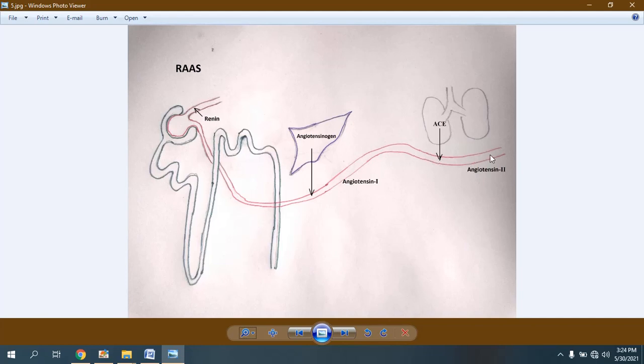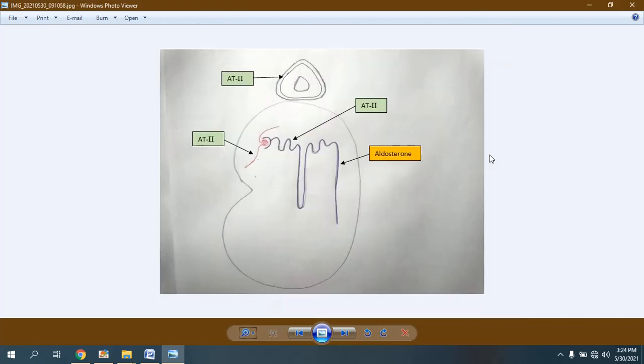That angiotensin 2 is transferred to each and every tissue of the body, but where are the receptors of angiotensin 2 present? They are present in large amounts in the efferent arteriole. The angiotensin 2 combines with the angiotensin 2 receptor on the efferent arteriole, which leads to the contraction of the efferent arteriole.